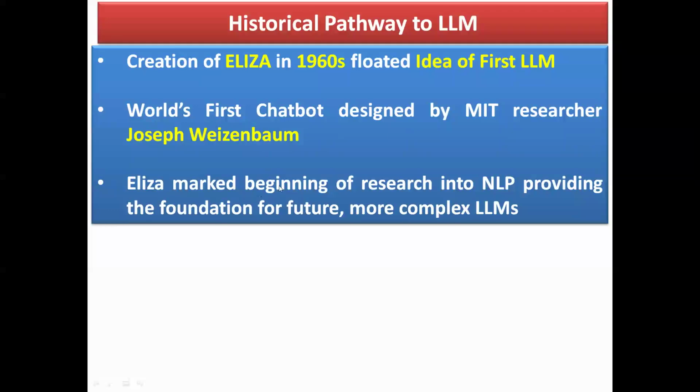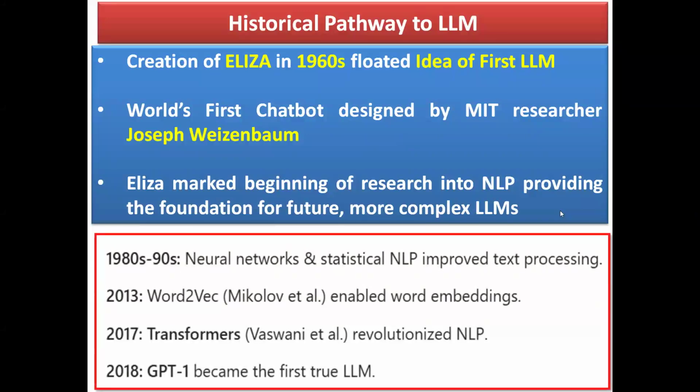You can see Eliza, and it was the foundation of natural language processing research, NLP, for the general public, for the common man, for general internet users. It became available around 4 to 5 years back, as we have seen with the advent of ChatGPT. But this particular technology is not new.